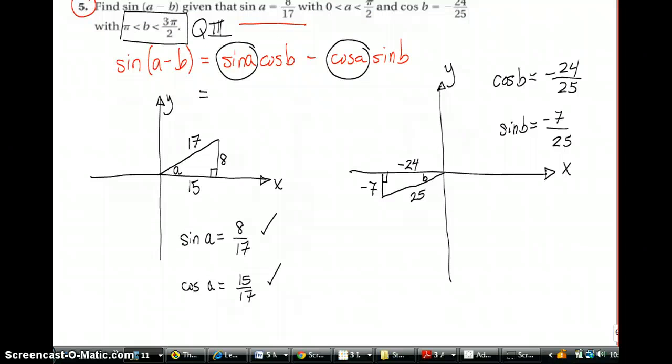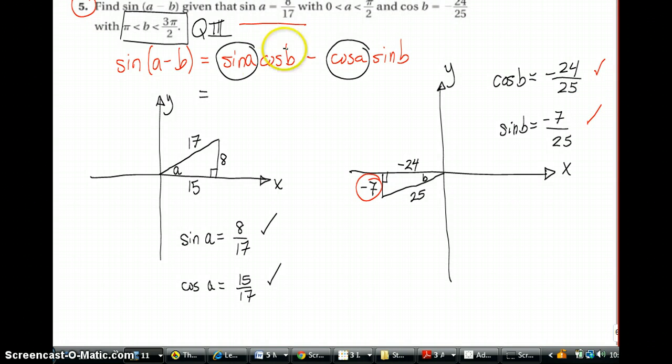There is the triangle that you should have. Also, take notice that both the sine and cosine are negative in quadrant 3. We are given the cosine of b, and using the Pythagorean theorem, we find that leg of the triangle to be length 7, but again, the sine is negative in quadrant 3, so we will make it negative.